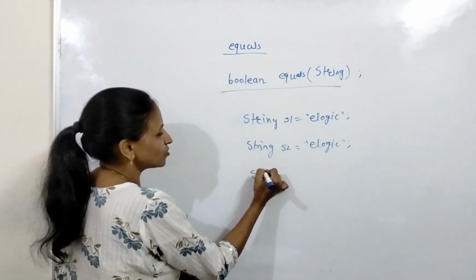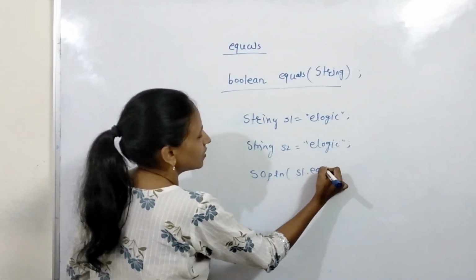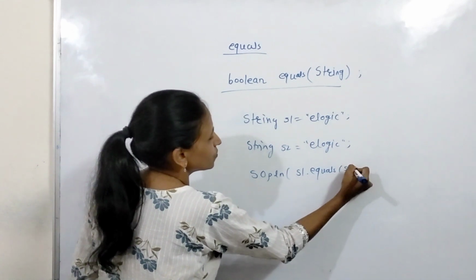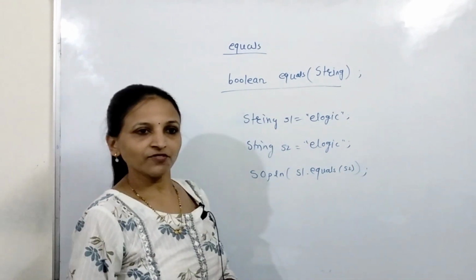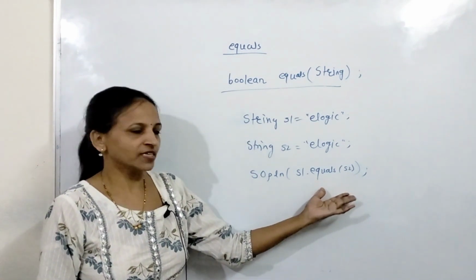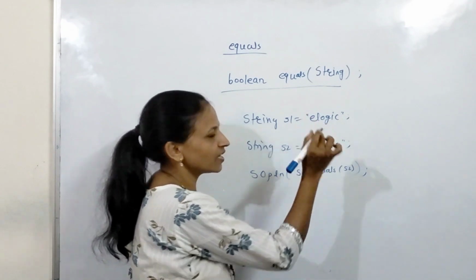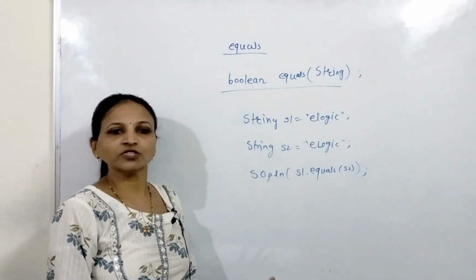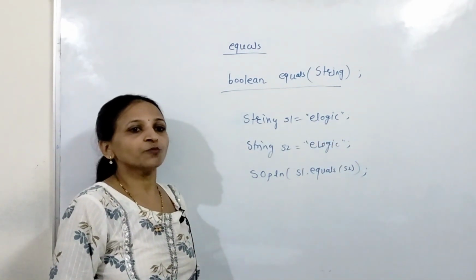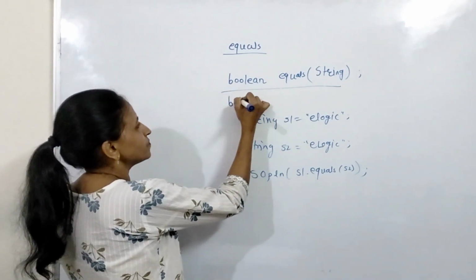If we write sop ln s1 dot equals s2, it will return true. It will simply display true on the output screen. If I pass L as capital here and L as small there, then it will of course return false.